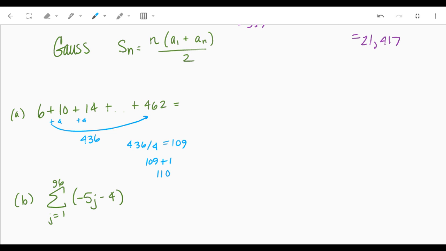Hold on a second. Oh, I did that wrong. 462 minus 6 is not 436, it's 456. Ay, ay, ay. 456 divided by 4 is 114.